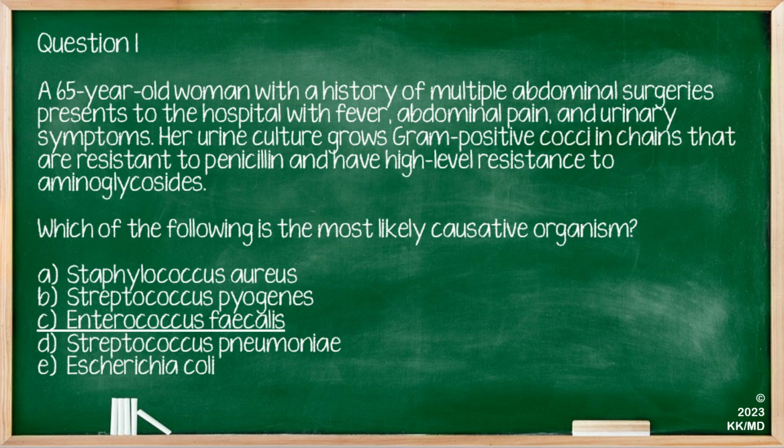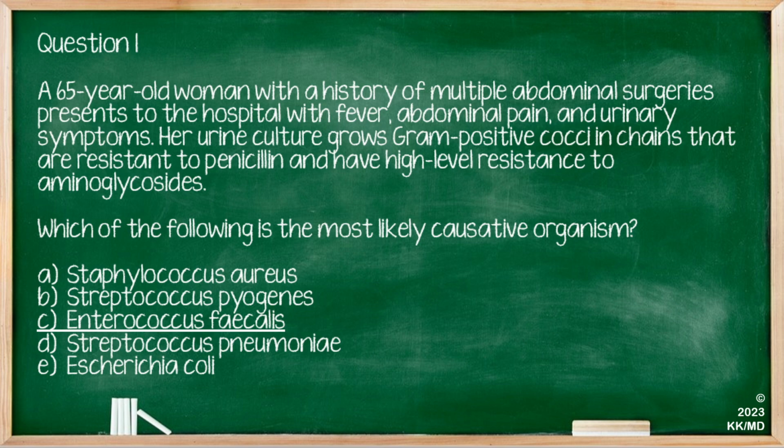Just very briefly, Staph aureus, remember this is gram-positive cocci that is commonly associated with skin infection as well as endocarditis and quite a few other infections. If you want a full recap of Staph aureus, please click here. Streptococcus pyogenes are very commonly associated with pharyngitis.